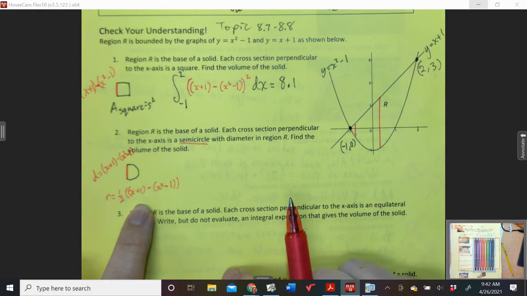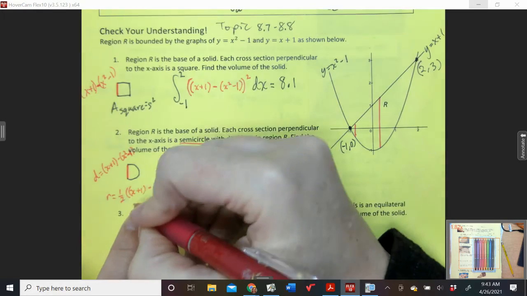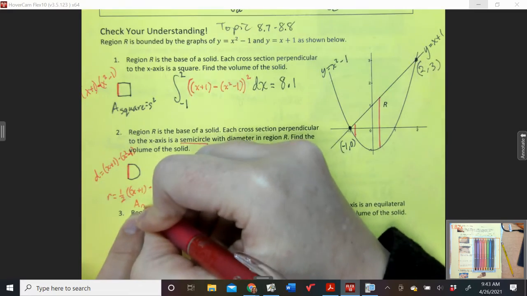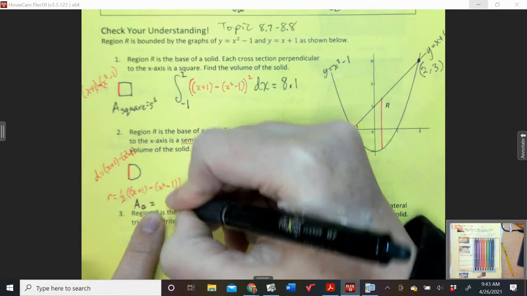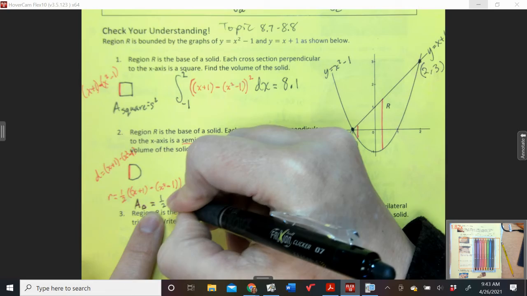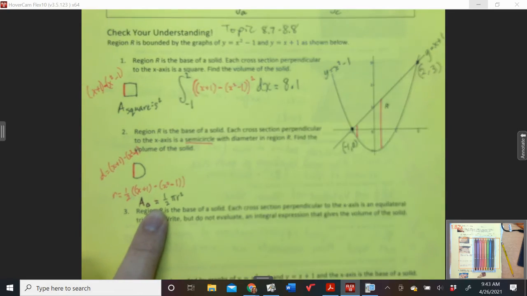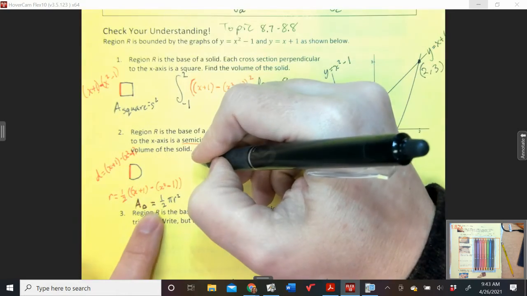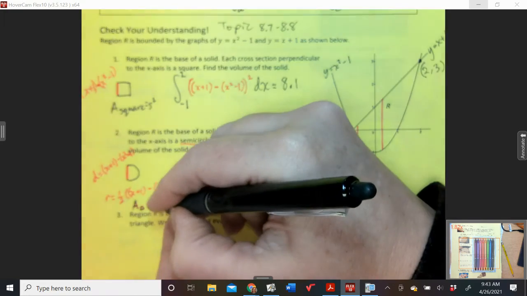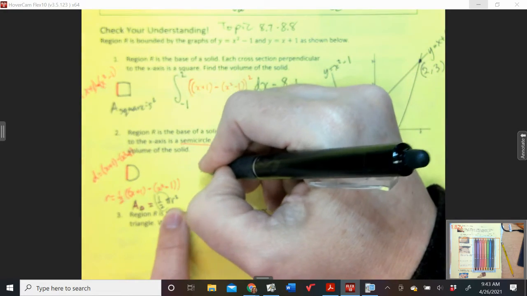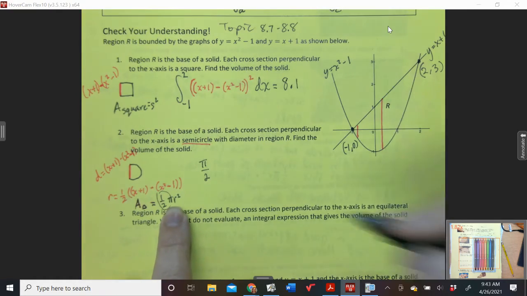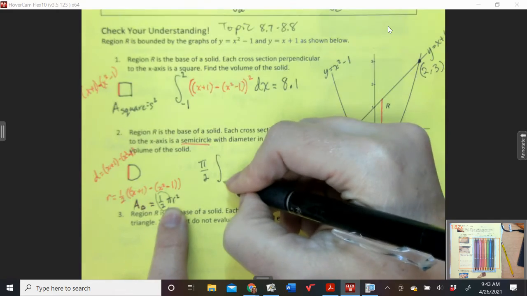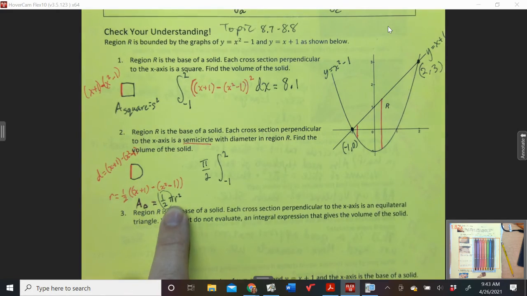Okay, so that's R. Now my formula for the area of a semicircle is, I'm going to write this in the black, 1/2 pi R squared. So my integral is going to be, this is going to come in front, pi over 2. So there's my 1/2 pi. Integral from -1 to 2, same thing.